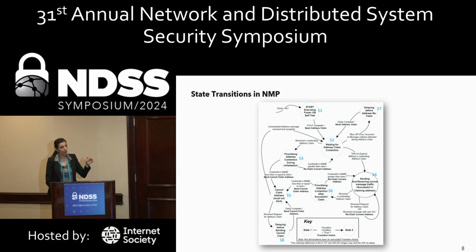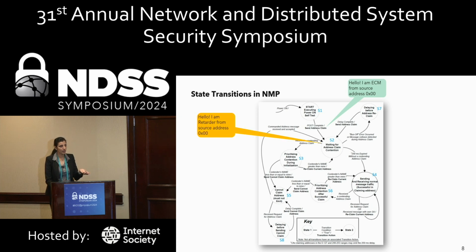On power on or on request, a controller application, for example the ECM at source address 00, would send out an address claim message and wait for contending claims. In case of a contending claim, for example a retarder on the same address comes in, the address arbitration is performed by looking at the name field.